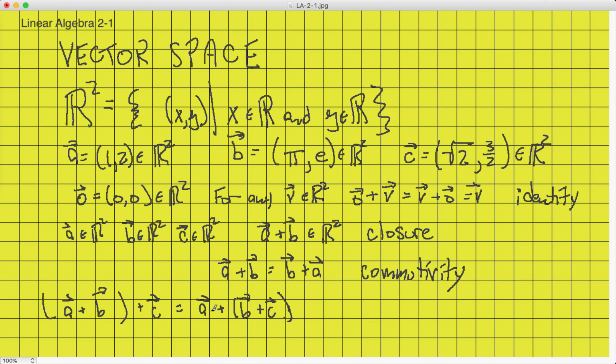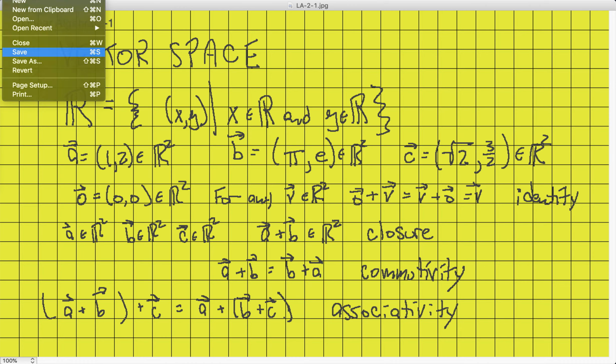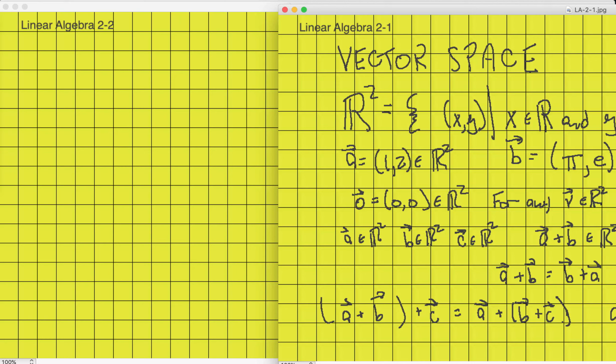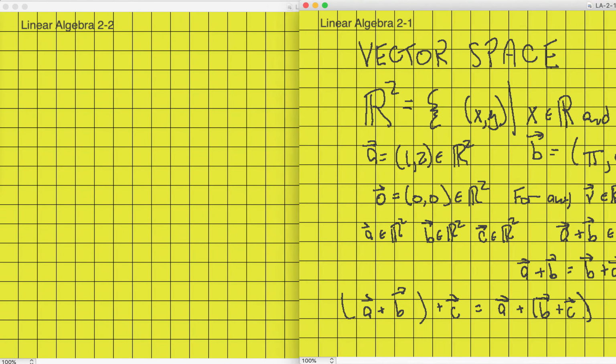You will note that what I've done is just change where the parentheses are. This has a name. It's called associativity. I'm not going to close this slide up yet, but I am going to save it. I'm going to keep it over here.